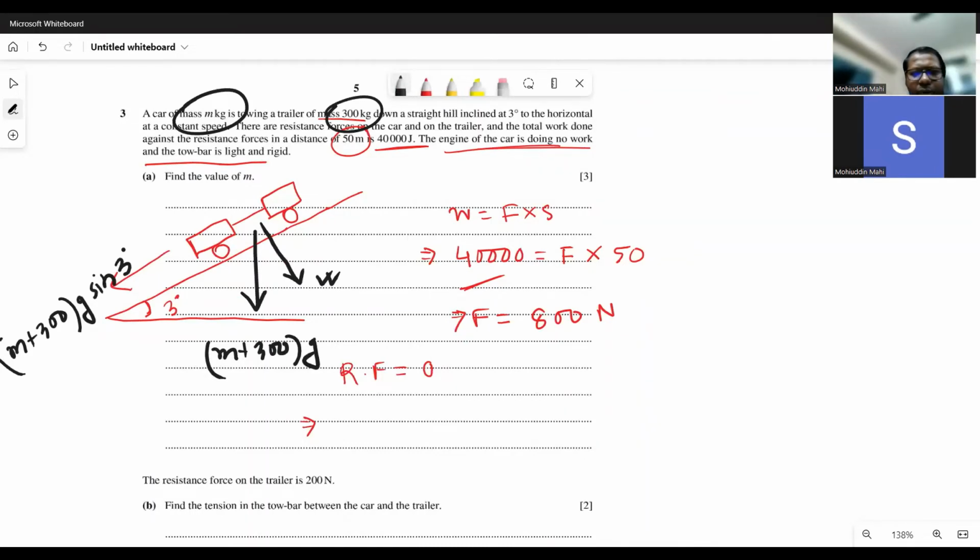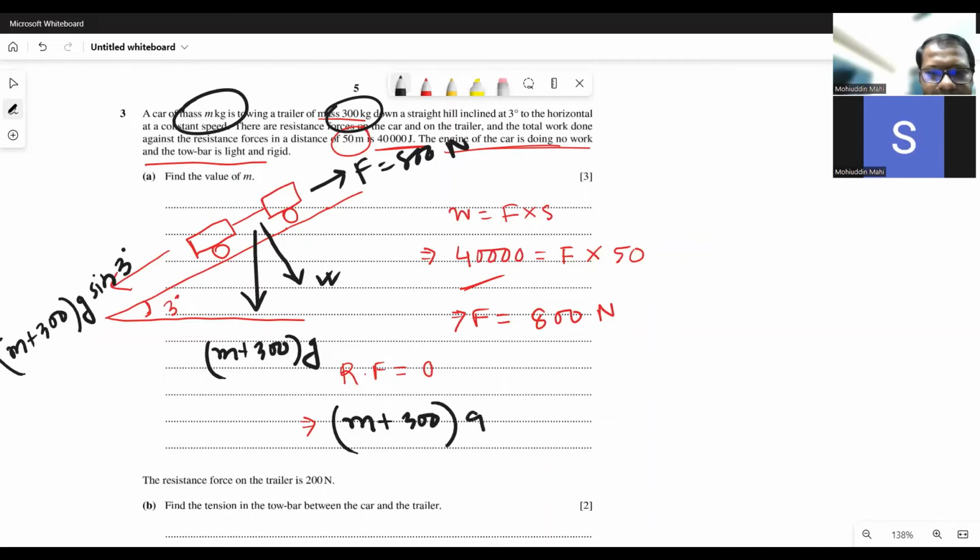The resultant force along the plane will be (m plus 300) g sine 3 degree equals the frictional force, the resistive force, that is 800 Newton.